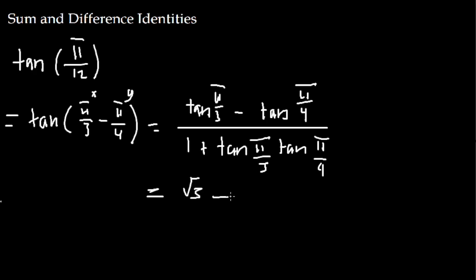Minus tangent of pi over 4, which is 1, over 1 plus square root of 3 multiplied by 1. Now, simplify.